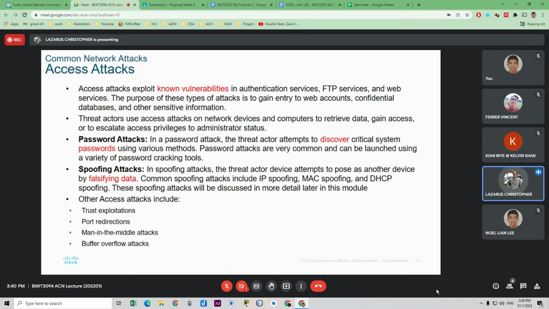So once I find the vulnerabilities, I can then exploit them to gain entry to web accounts, confidential databases, and other sensitive information, right? So threat actors use access attacks on network devices and computers to retrieve data, gain access, or to access privileges not available to a normal user.